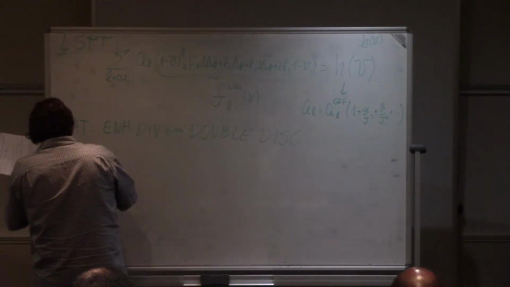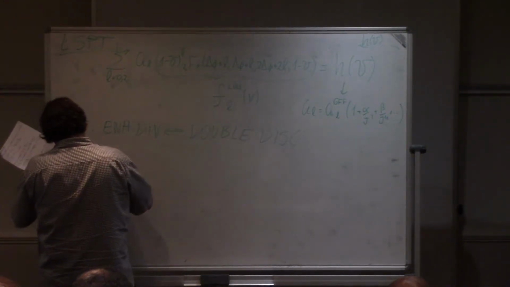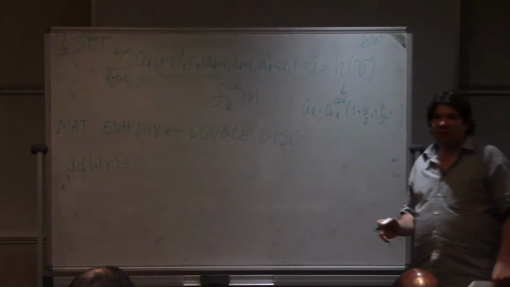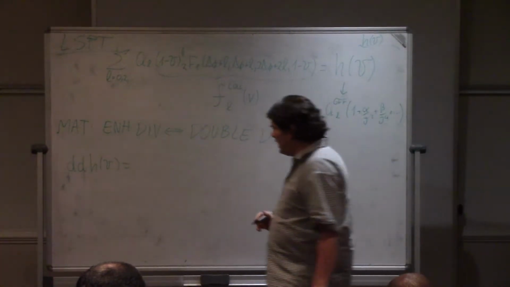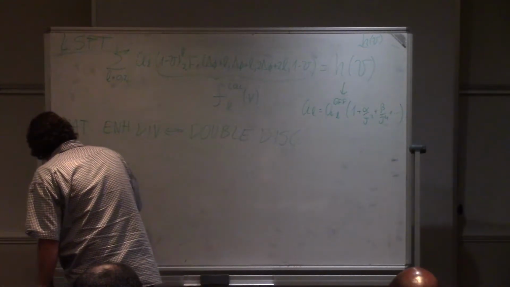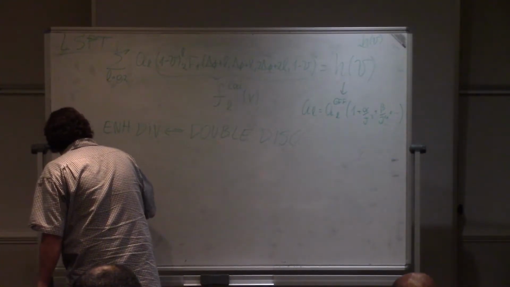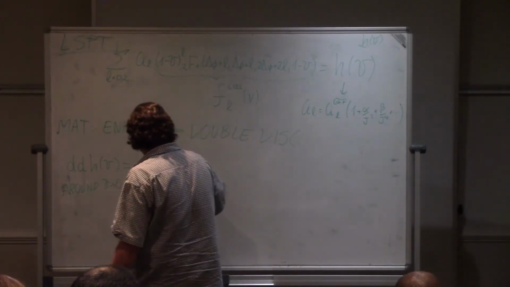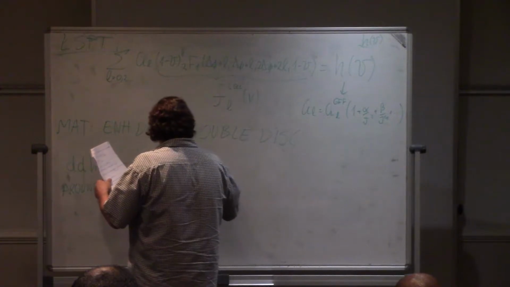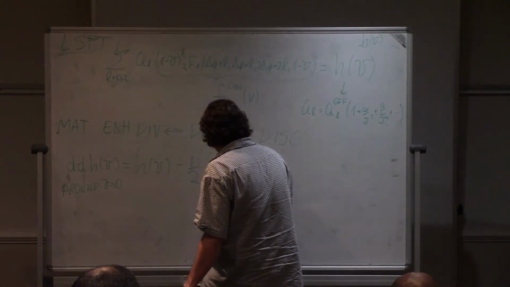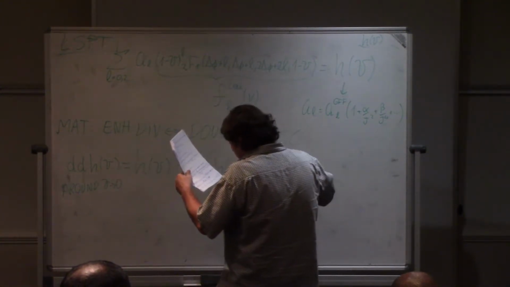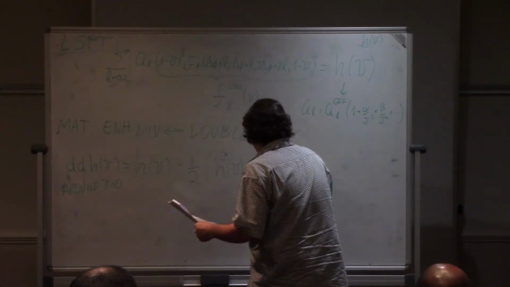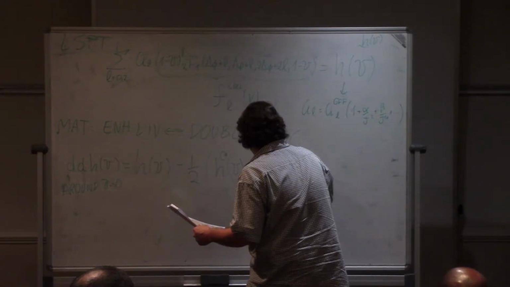The double discontinuity of this function of v, around v equals 0, is h of v minus 1/2, h of v going around 0 in one direction, plus h of v going around 0 the other direction.